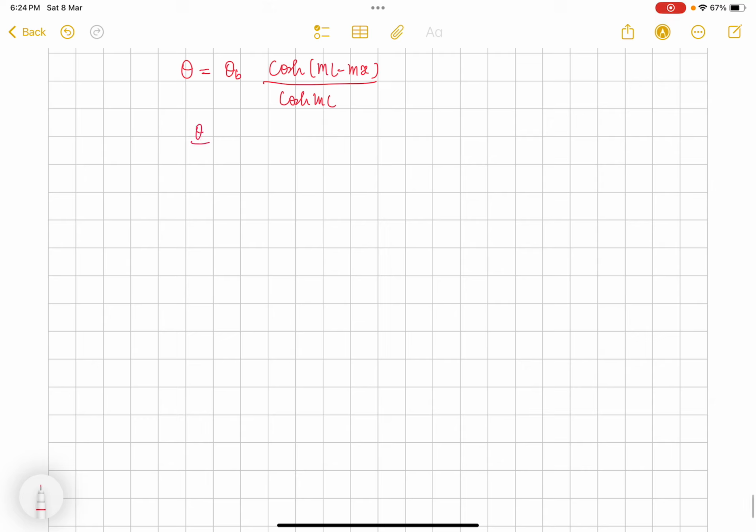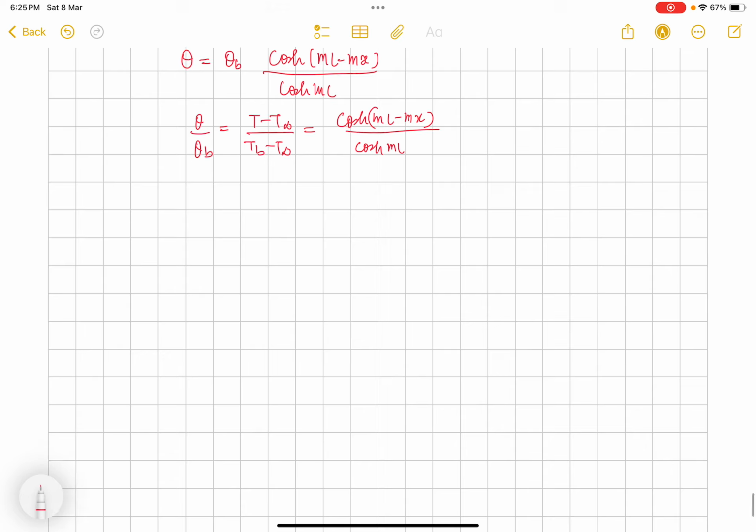or theta by theta b, which is nothing but T minus T infinity divided by Tb minus T infinity, equals cos hyperbolic ml minus mx divided by cos hyperbolic ml. Alright, so now we have the temperature profile.